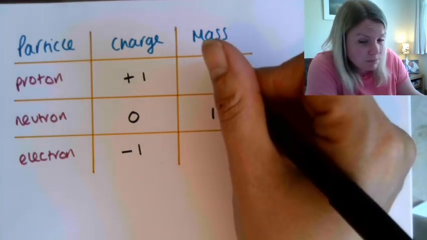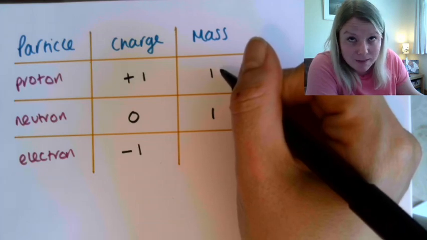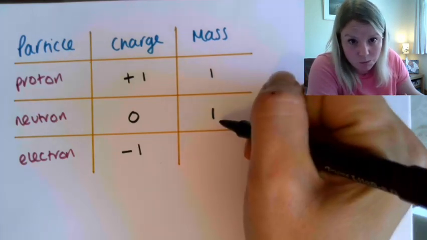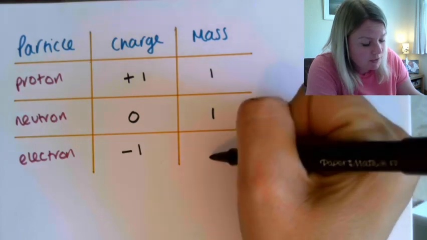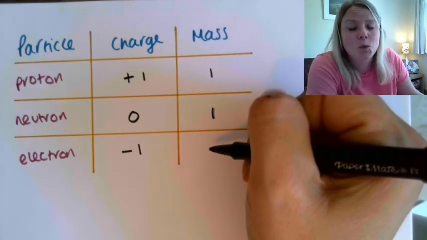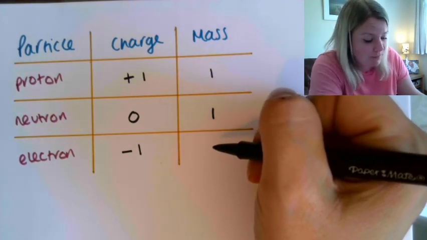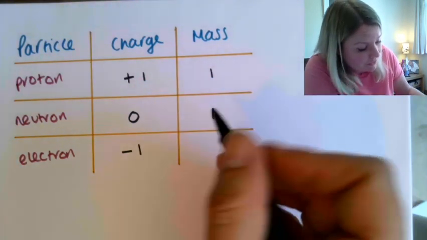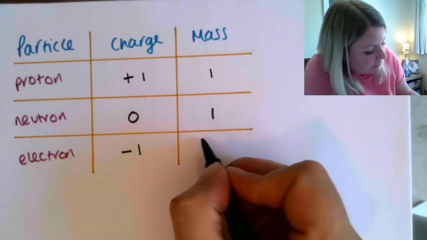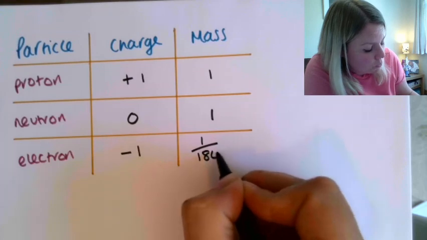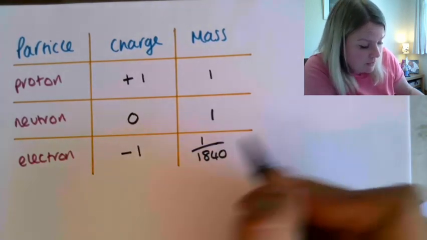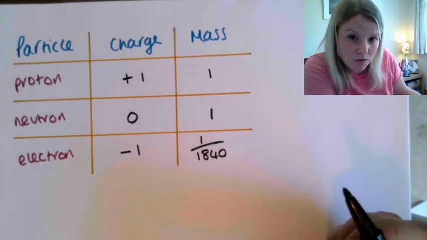So we say they have a mass of 1, so 1 and 1, which means they're the same as each other. The electron is way, way smaller in terms of mass. So compared to the number 1, it has a mass of 1/1840. So remember, this is just comparing to these.